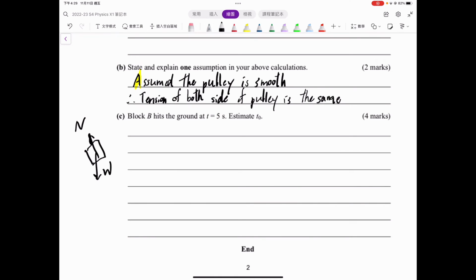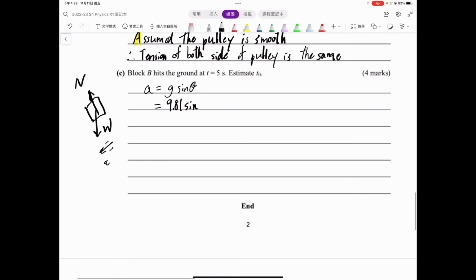Therefore, the acceleration of the trolley will be in this direction, g sine 20 degrees.